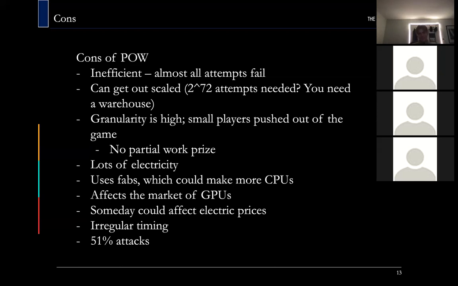Just to jump in there and defend proof of work a little bit. Personally, I don't have a side for proof of work versus proof of stake. I honestly don't know enough about proof of stake, but on a very high level, the reason anything has value is because at the end of the day there's work put into it.